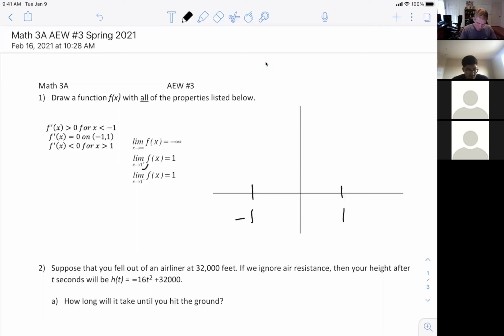And then this part right here is saying as you approach 1 on the X-axis, the Y value will be a 1. So that's on the right. So that could be something like this, that the Y value is 1.